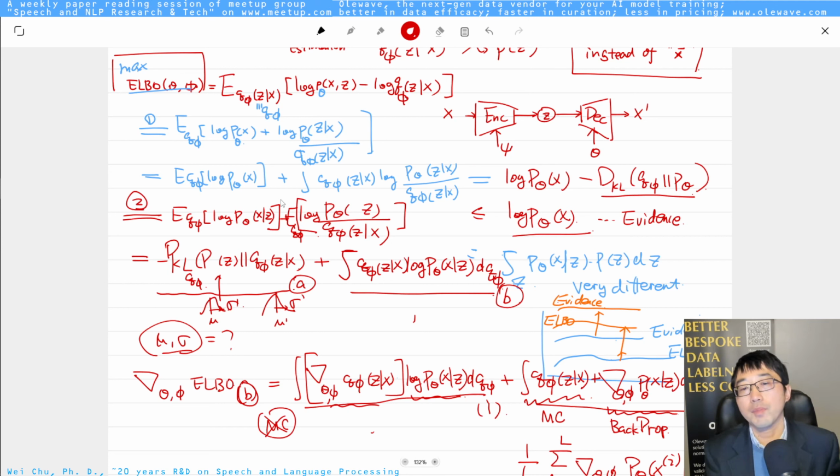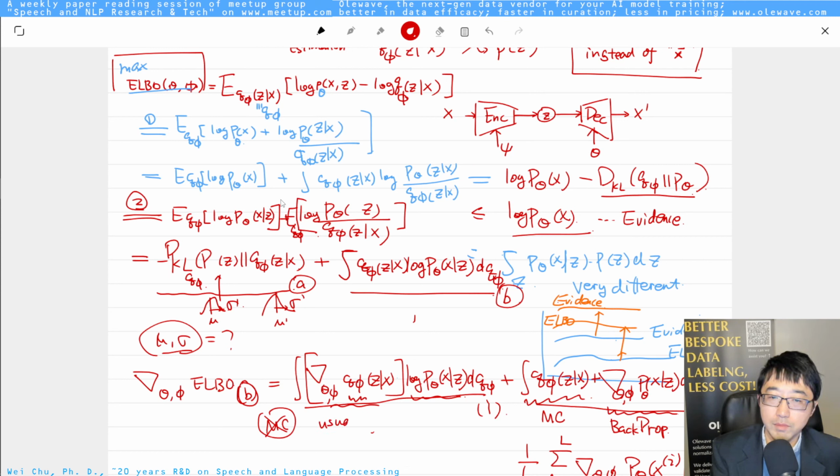If it has a closed form solution, then you can just keep doing the integral. But then you cannot leverage the powerfulness of the neural network. Then it's very, very difficult because most of the time the Q phi won't have a closed form solution of its derivative, right? Let me write it down.